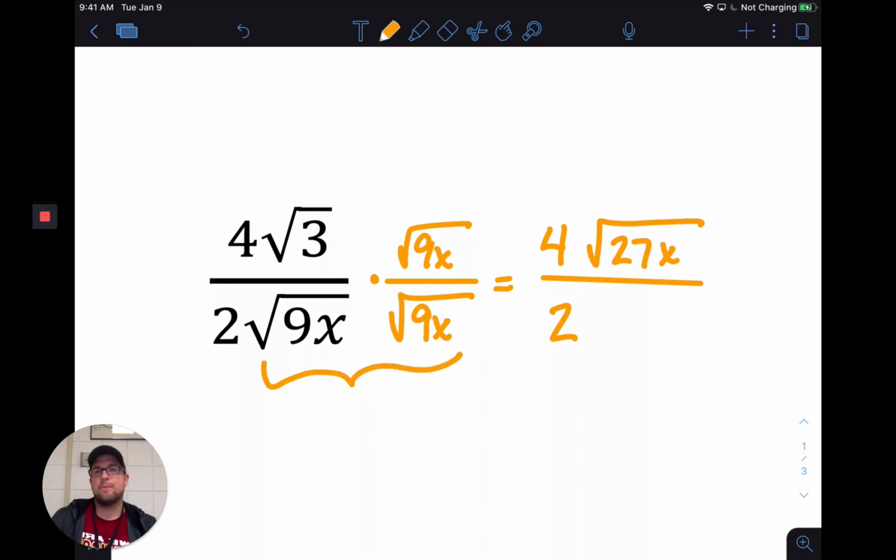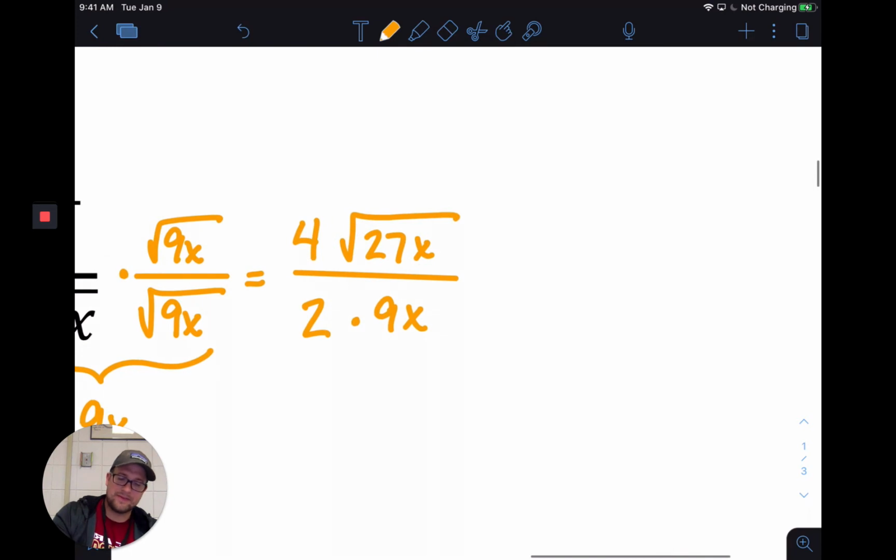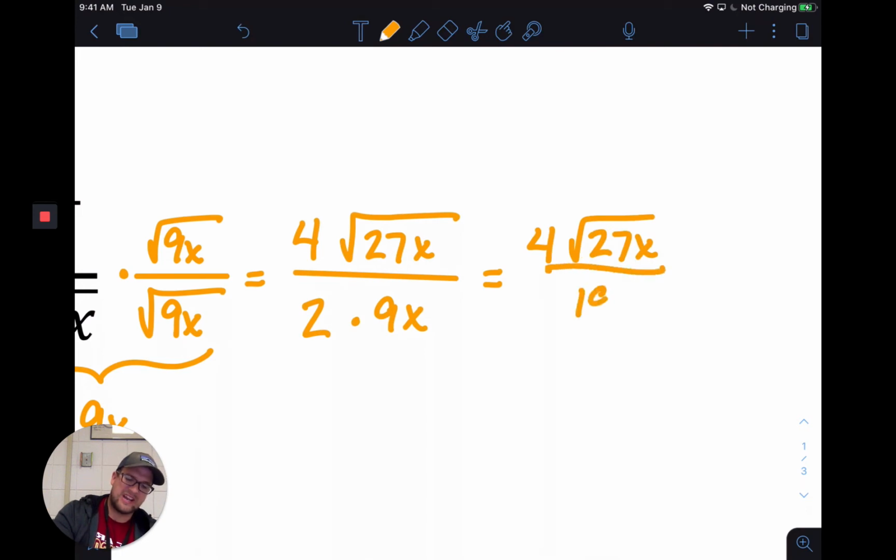And since I am multiplying by the same square root there, we know that we'll be left with just 9x at the end of the day. So this is really 2 times 9x. Simplifying this out a little further, we will have 4 square roots of 27x over 18x.